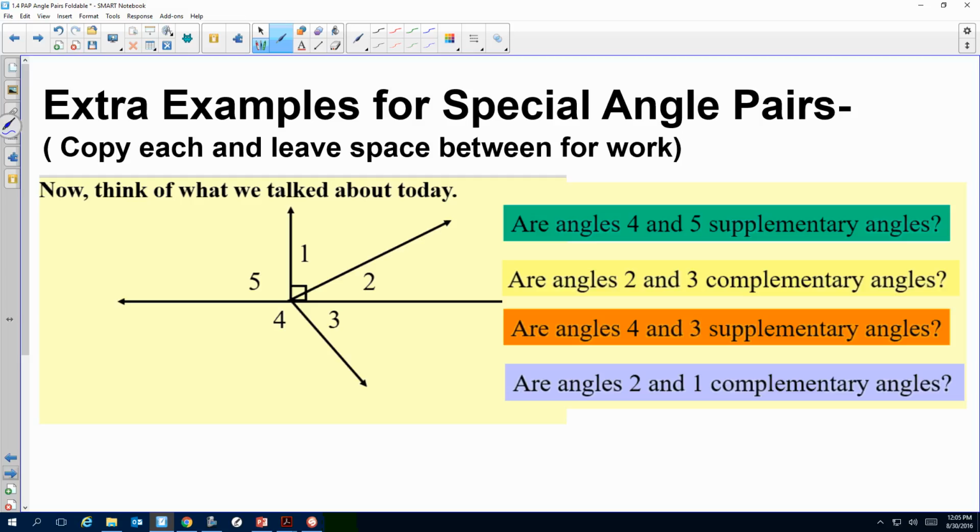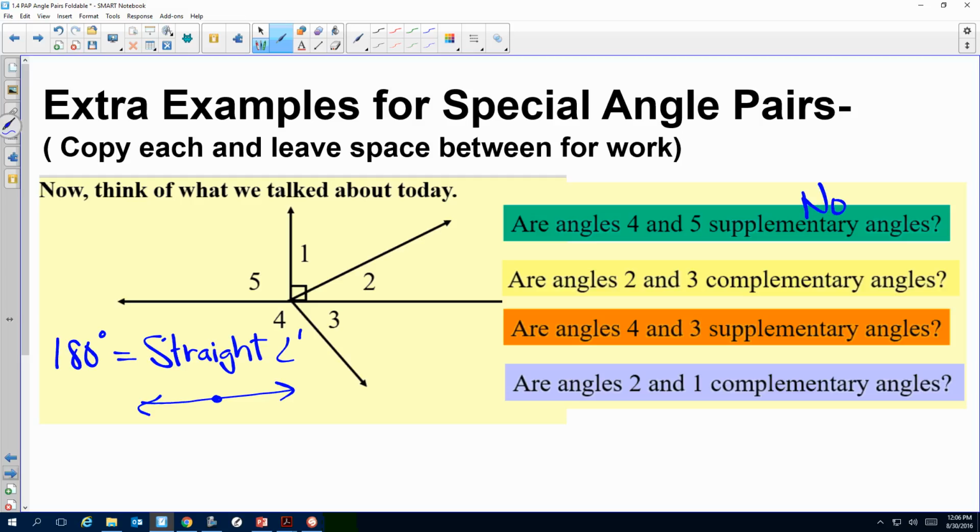So if it's 180, and I might want you to add this here, another example of 180 degrees is a straight angle. Okay, that means it makes a straight line. So it would make a straight line somewhere to make a linear pair, a supplementary relationship. So this first one here, 4 and 5, this is no.